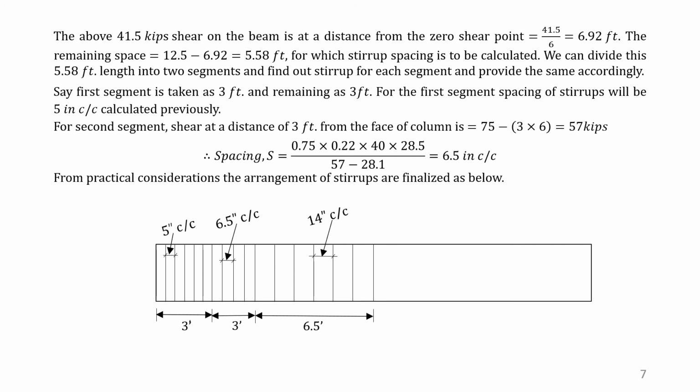For the later 3 feet, we can find the spacing of the stirrup from the general equation, where phi is 0.75, Ab is 0.22, 40 is Fyt, and 28.5 is depth, and 57 minus 28.1, where 57 is the shear capacity of this section. That gives the shear spacing of 6.5.